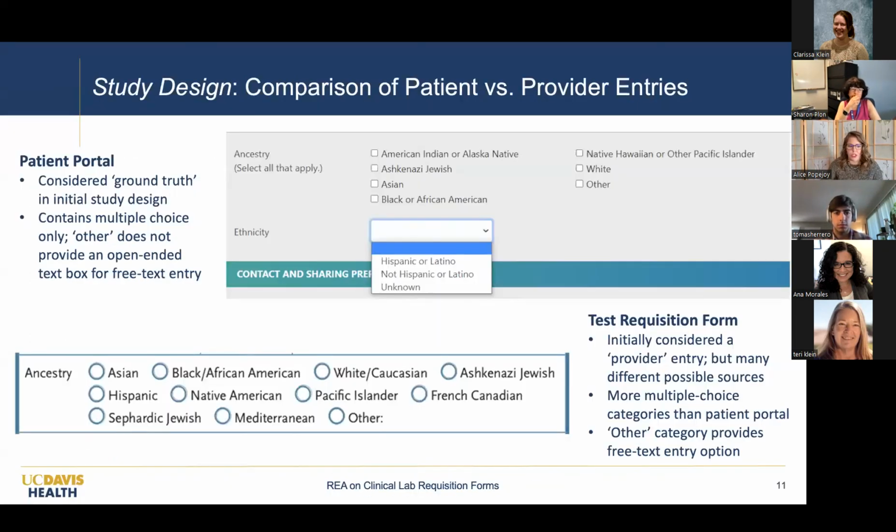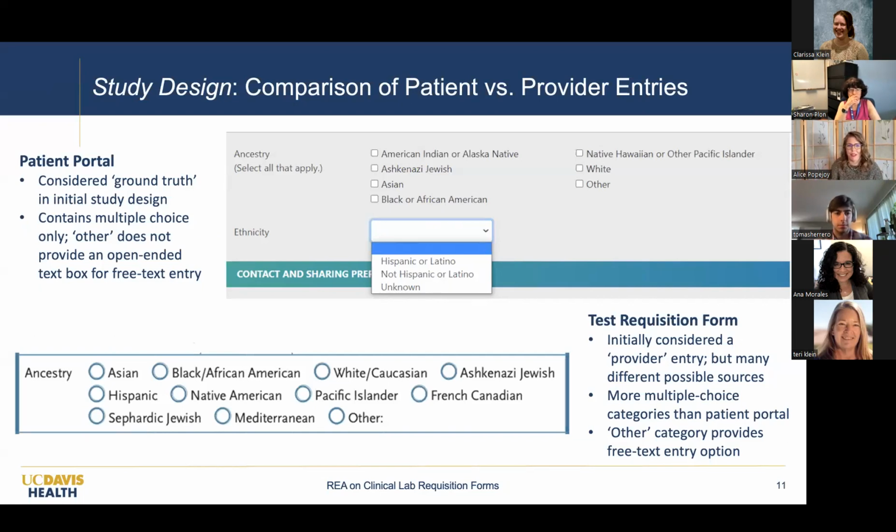Our idea was to treat the patient portal information as what we consider to be true. And the original thought was actually to do an ROC curve.